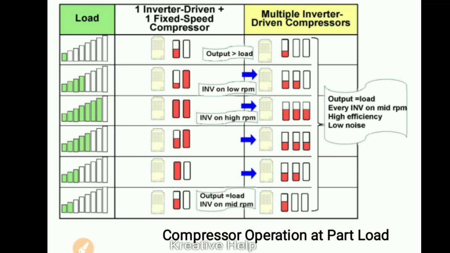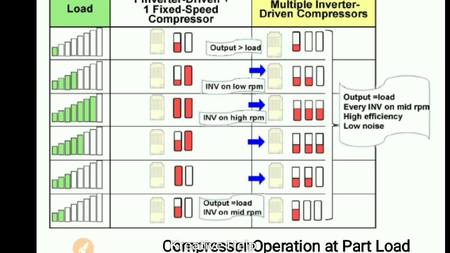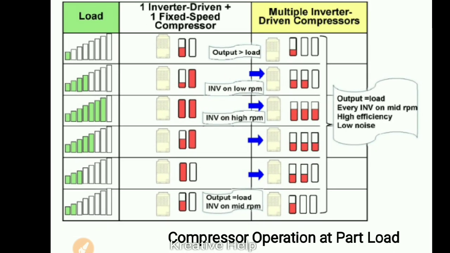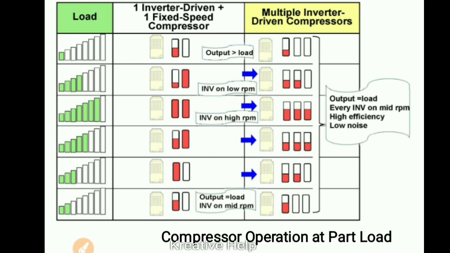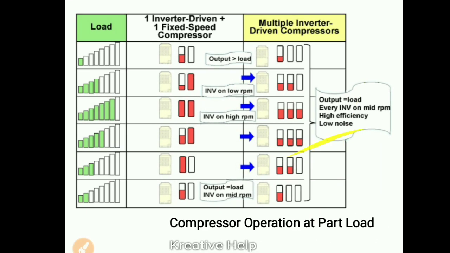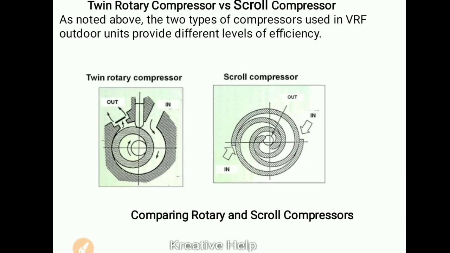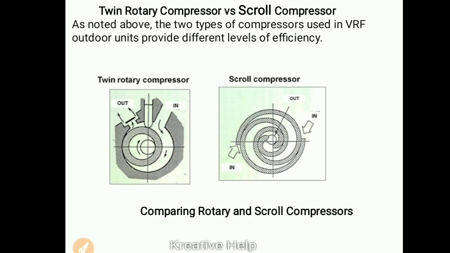So whatever I have explained before, you can stop the video and see how effectively multiple driven compressors are doing the work. I have already explained this. So here is the twin rotary compressor versus the scroll compressor.